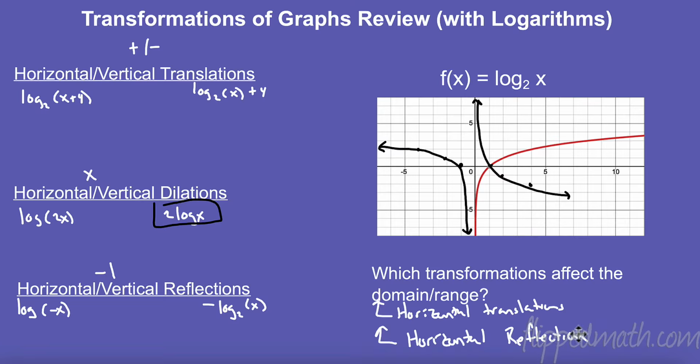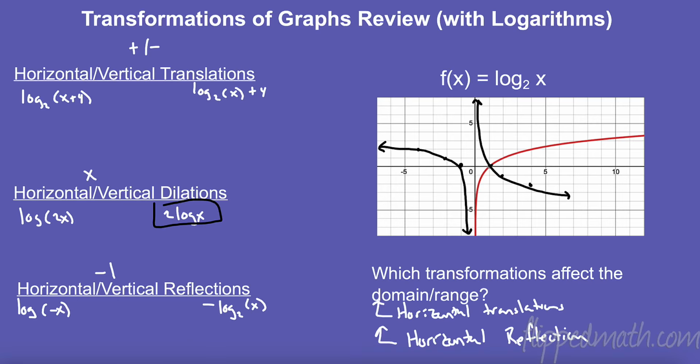Now this is really important to understand because in a minute I'm going to ask you to sketch these so we can find out the really important information. So when you sketch them, the really important information is going to be in the translations for horizontal and the reflections on the horizontal. All right? The translations of the vertical, the dilations of the vertical, dilations at all don't really change anything, right? And the reflections on the vertical don't really change anything for the range.